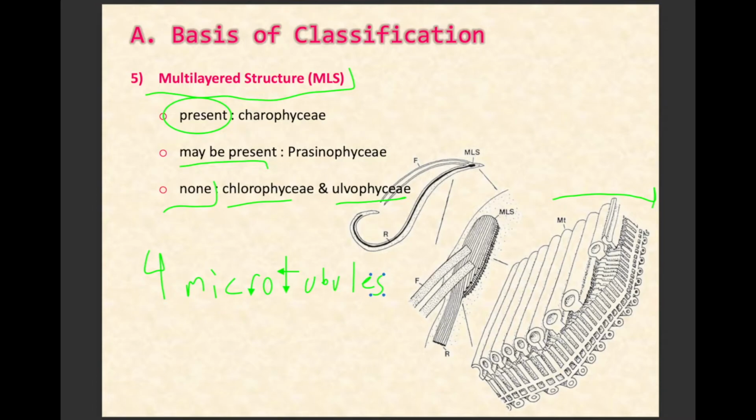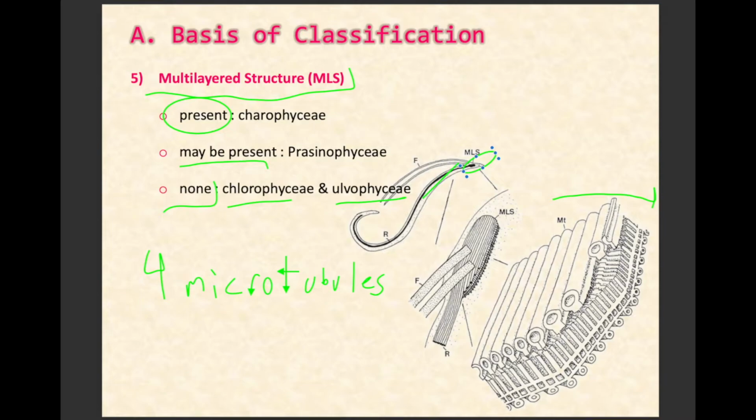This is found in association to your kinetosome and also in association to your flagella. So, ayun siya. So, ito yung flagella mo. Ayun yung mga MLS system natin. So, yeah, they are in close association with your flagella. So, again, dahil close in association with flagella, they are involved or they aid for locomotion of your organism.